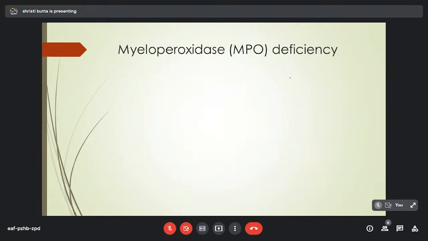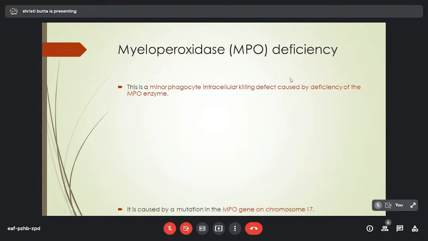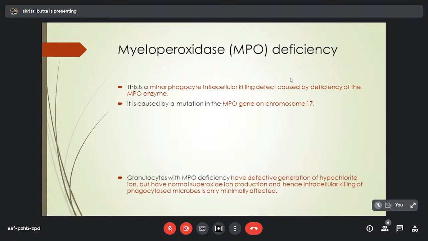Now coming to MPO deficiency, we have the myeloperoxidase deficiency. This is a minor phagocyte intracellular killing defect. We know that MPO converts H2O2 to the halide. It is caused by a mutation in the MPO gene, which is on chromosome number 17.